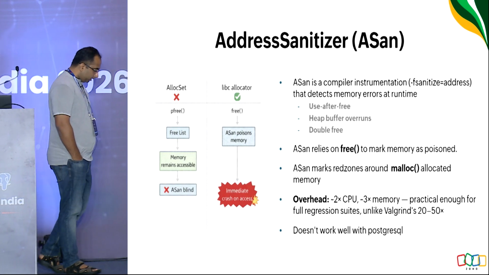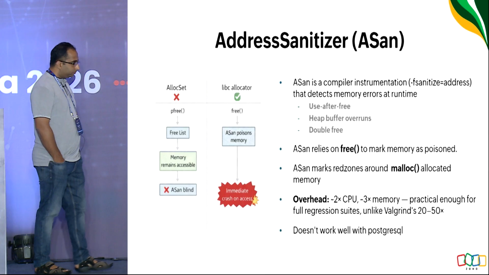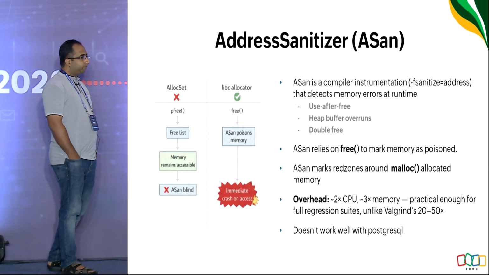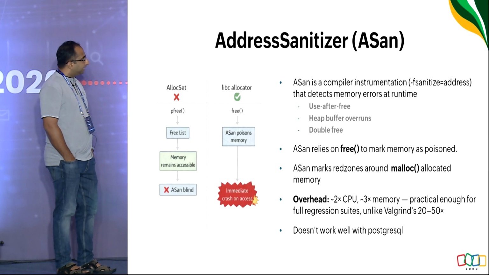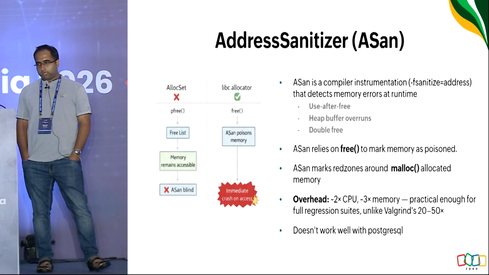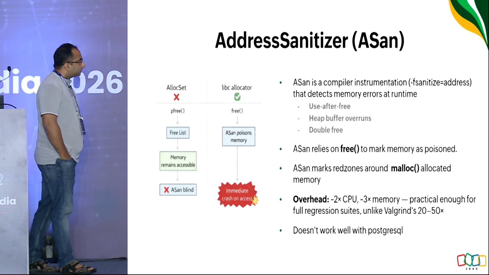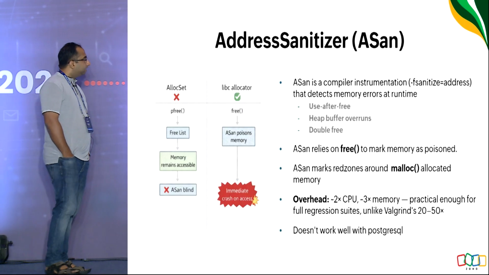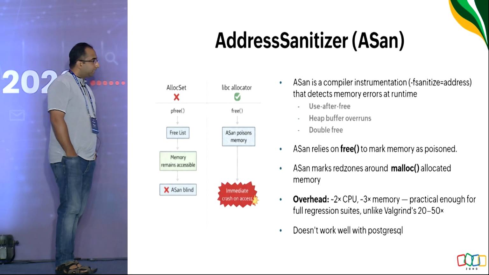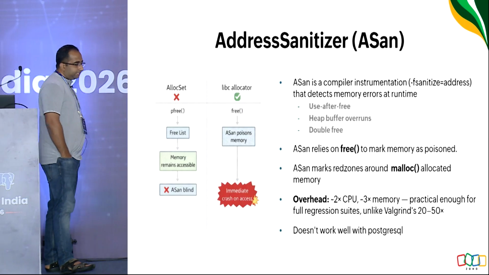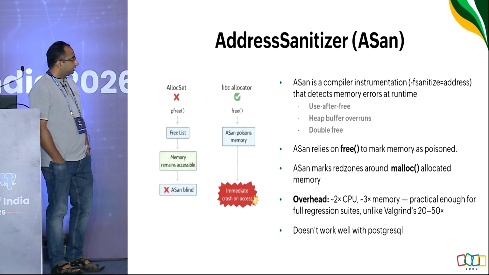Before we proceed, normally C++ code bases mitigate these kinds of memory issues using something called AddressSanitizer. AddressSanitizer is a compiler instrumentation that can detect memory issues at runtime, so it can figure out all these issues that I have just discussed.